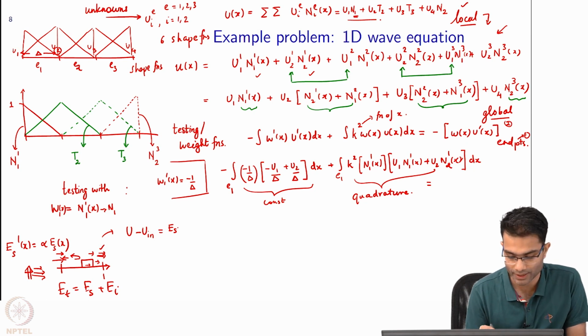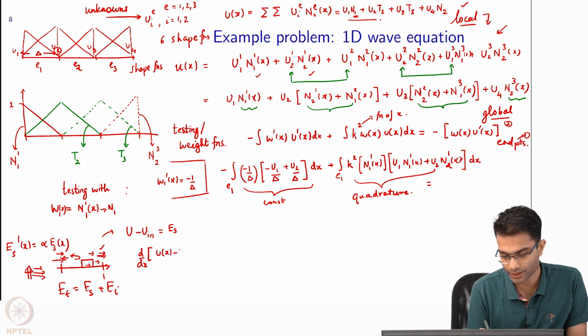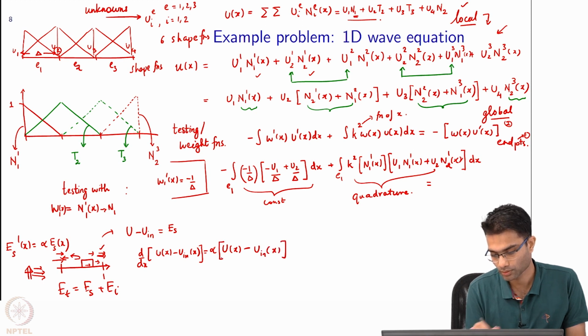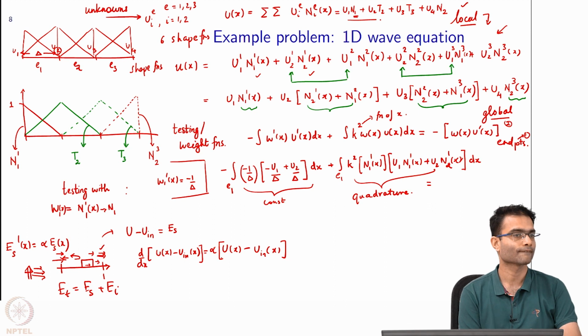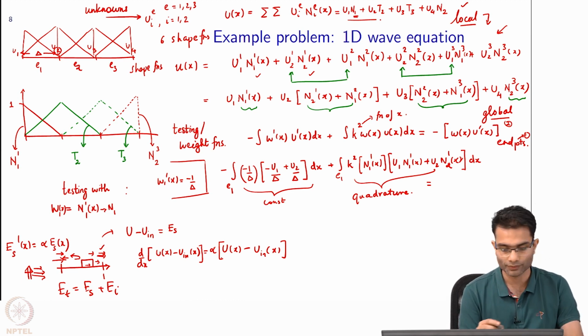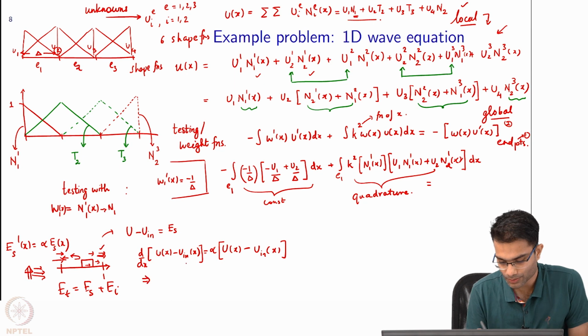So, boundary condition is saying d by dx of u(x) minus u incident(x) is equal to alpha times u(x) minus u incident(x). Right. U incident of x, we will assume is given to us, it is a plane wave or whatever, I know the functional form. So, when I simplify this once more, what do I get?